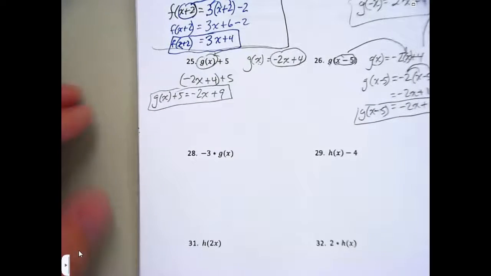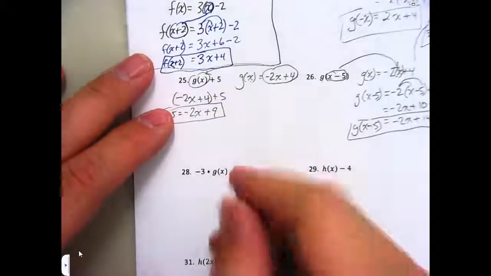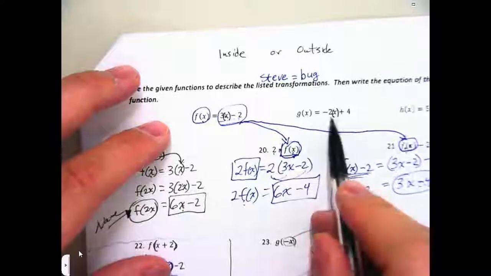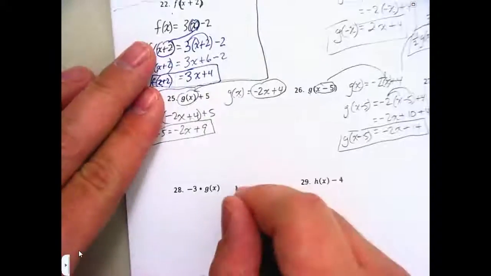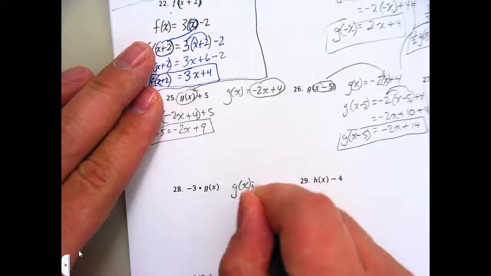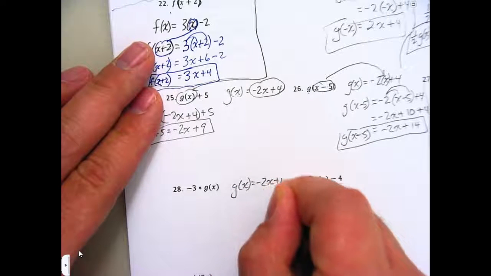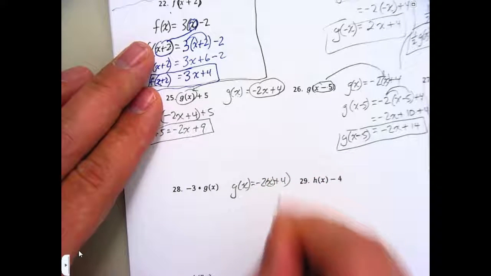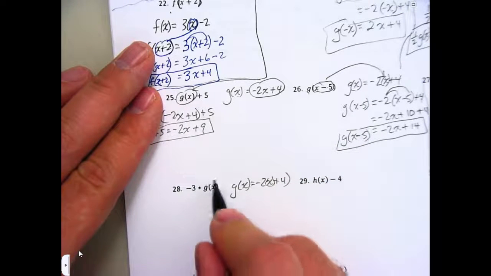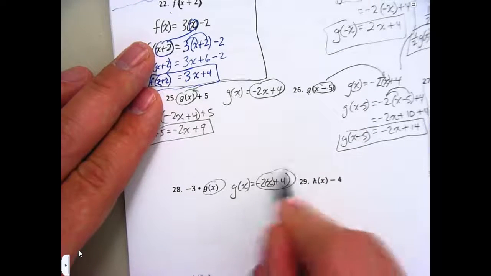Next one, number 28, we're finding g of x. Once again, we're using our g of x equals negative 2x plus 4. Notice our parentheses are both the same, so this g of x is this.